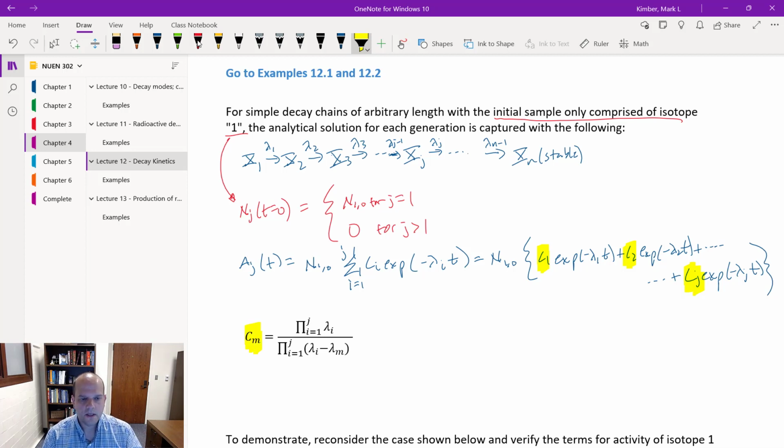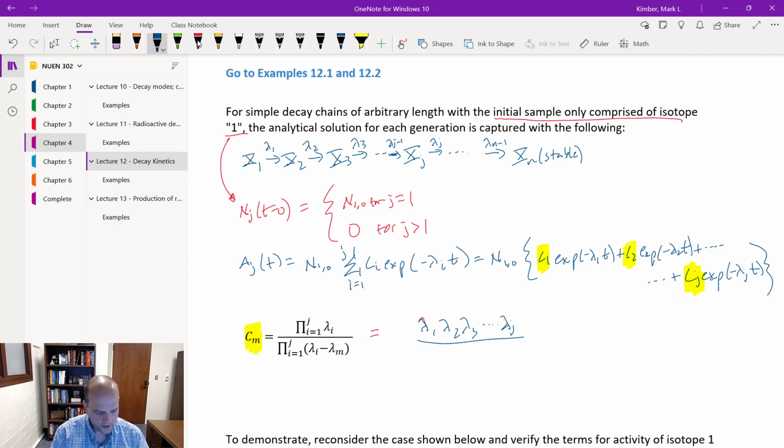This is my Cm value. If this is my product term here, then this numerator is going to be lambda 1, lambda 2, lambda 3, multiplying them together all the way to lambda j.